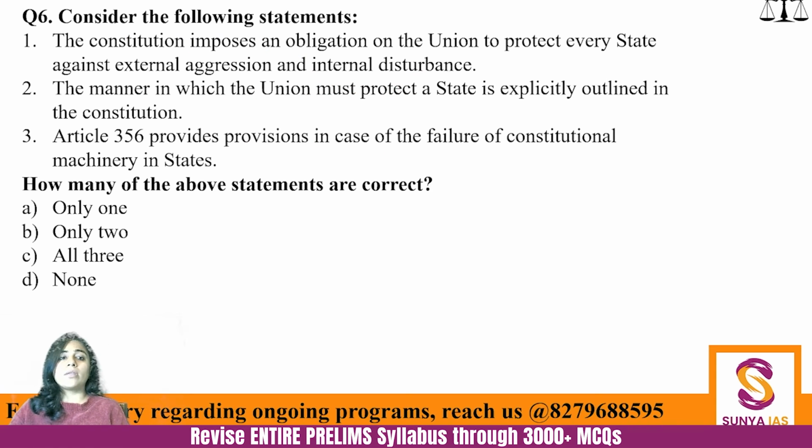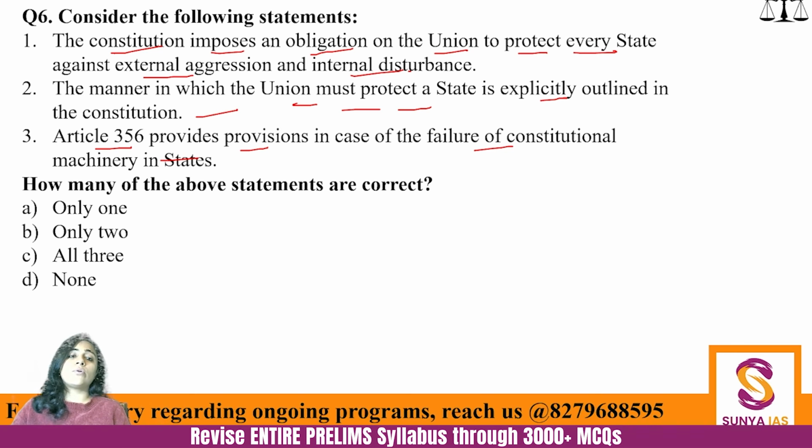Next question. I hope you have written everything that I have told you. The Constitution imposes an obligation on the Union to protect every state against external aggression and internal disturbance. The manner in which the Union must protect a state is explicitly outlined in the Constitution, and Article 356 provides provisions in case of the failure of constitutional machinery in the states.